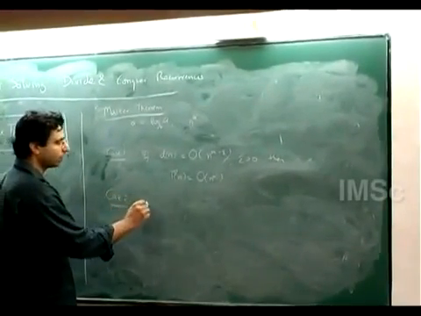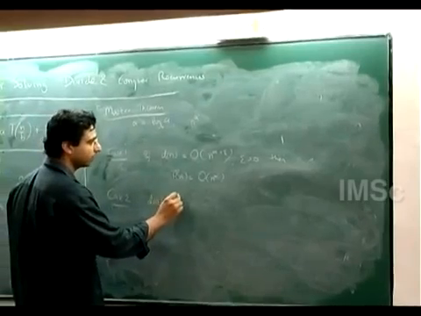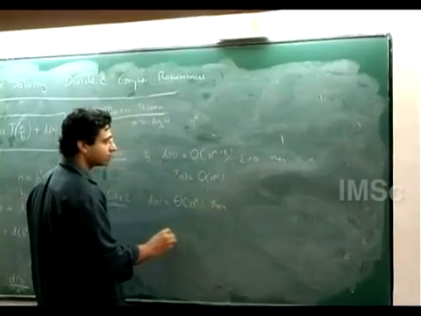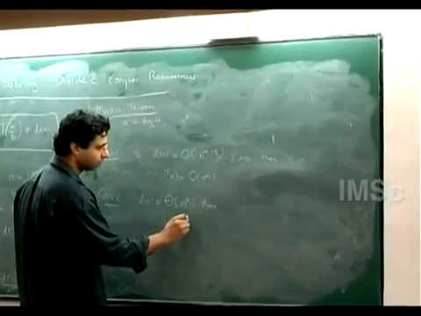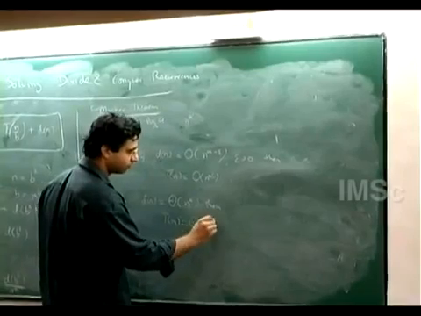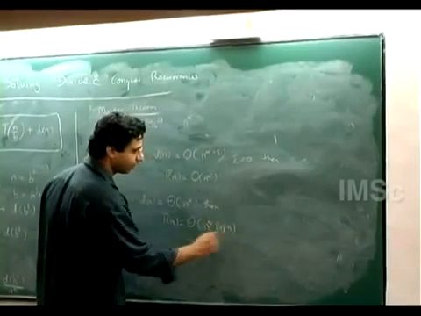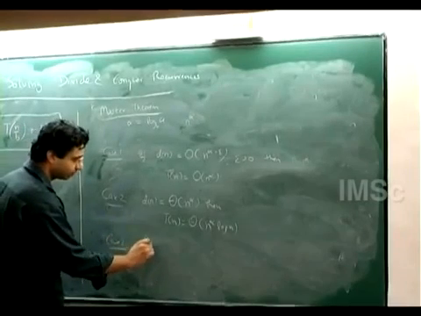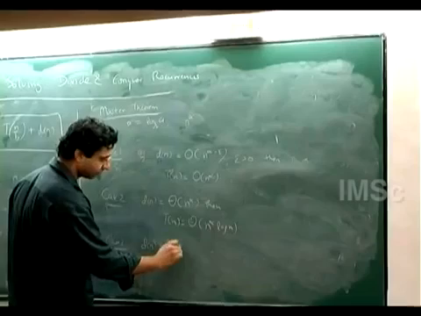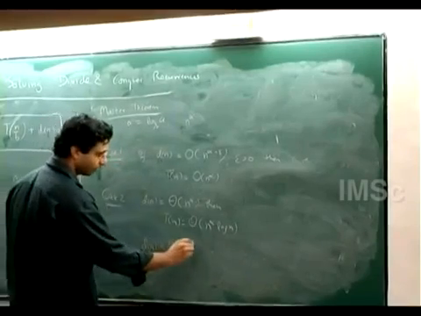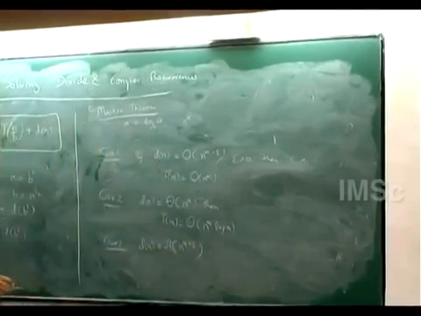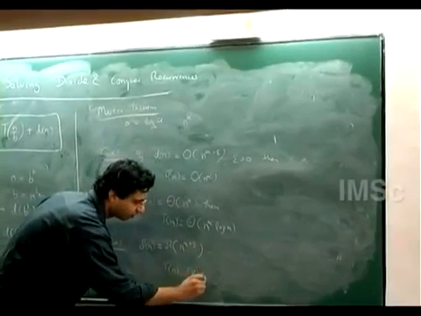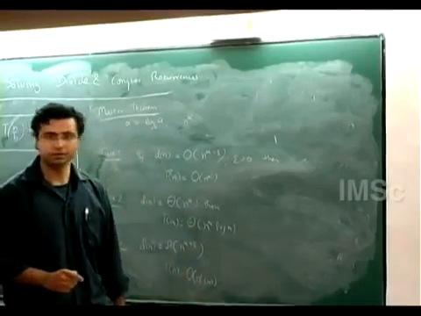Case 2 is when both are roughly of the same order, the driving function and the watershed function. In that case, T of n is theta of n raised to alpha log n. Case 3 is when the driving function is polynomially larger than the watershed function. In that case, T of n is dominated by the driving function.